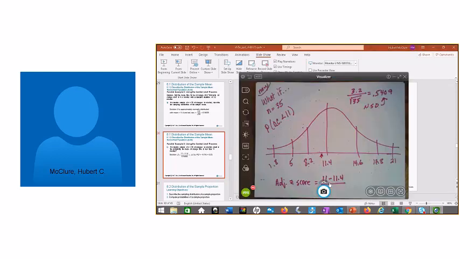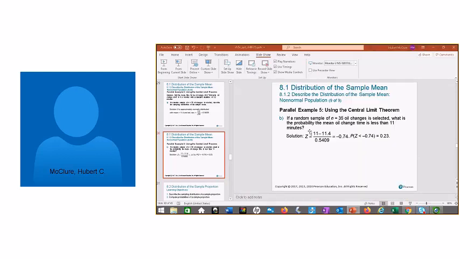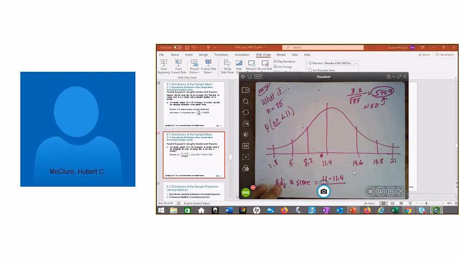So you adjust the z-score and you say 11 minus 11.4 over the new standard deviation, which is 0.5409.